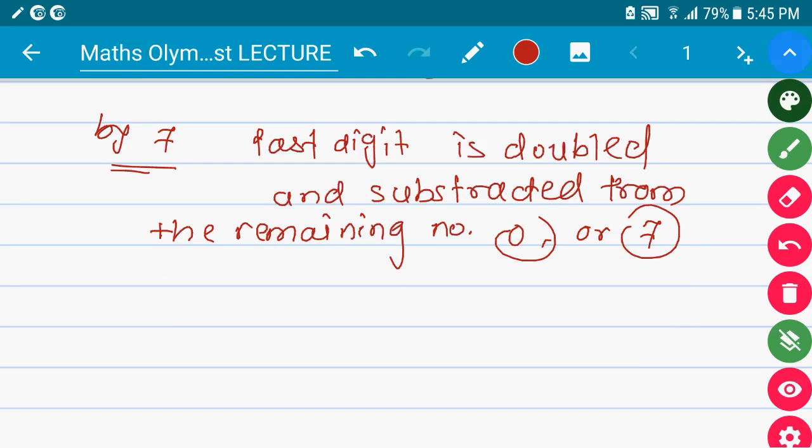So first you have to double the last digit, then subtract that doubled number from the remaining number excluding the last digit, and if the result or the difference is 0 or divisible by 7, then the number is divisible by 7. Similarly, there are divisibility tests for 8, 9, 10, 11, 12, 15, 18 and 25.